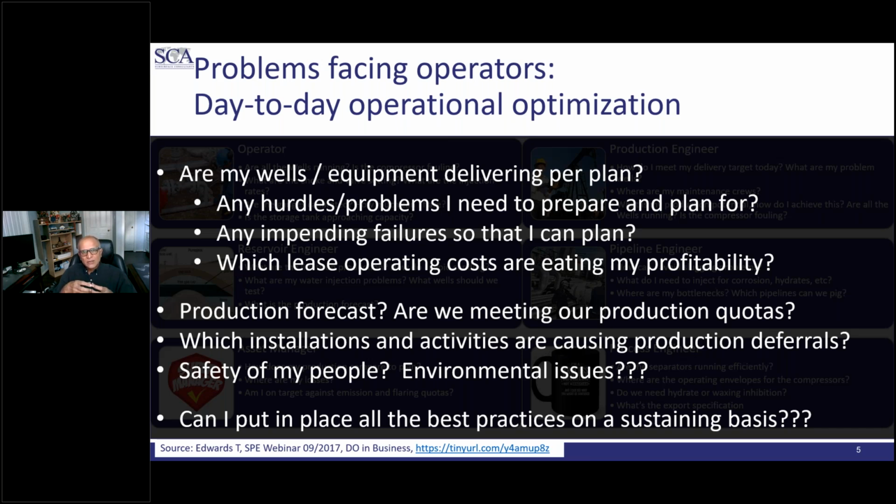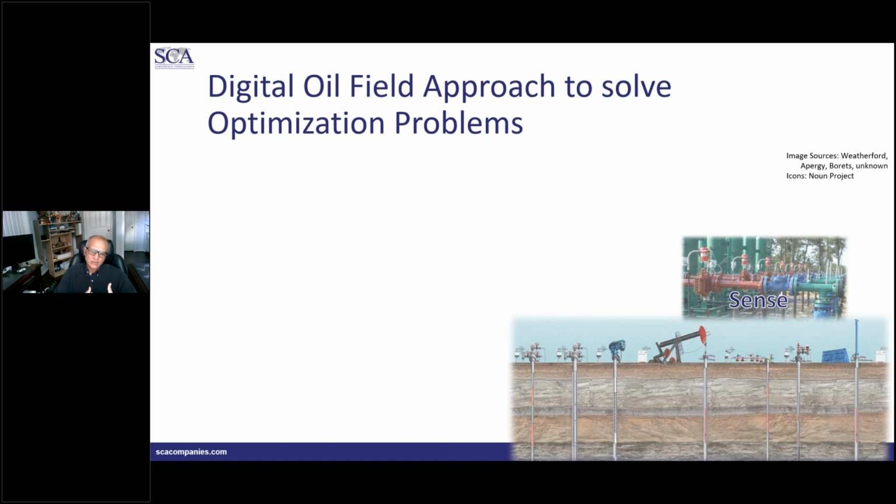Initially, when you are starting on this journey, you're thinking in terms of a single-time effort, meaning, okay, let me take care of this problem now. But as you keep seeing the same issues occurring again and again, you realize that you have to put some sustained practices in place. So let's go back to what the digital oil field approaches are. It always starts with sensing, meaning capturing the data.